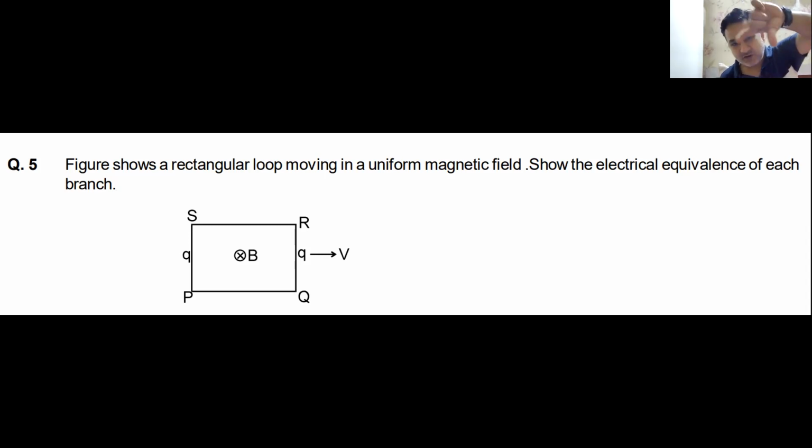So you have to find out each and every part, PQ, QR, RS, and SP. You can take the length of PQ as L, and you can take the length of RQ as B, so that you can understand how they are going to get cancelled. I will give you 2 minutes to do this.